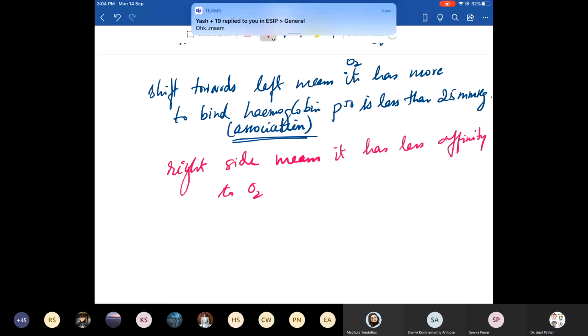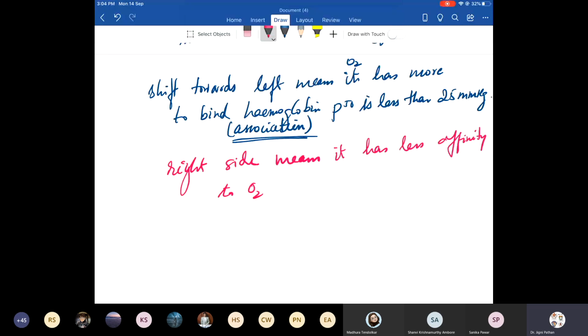Now, this is all about the graph. Now I'll give you 1 minute to revise. Everyone will revise this, and do let me know if you have questions.